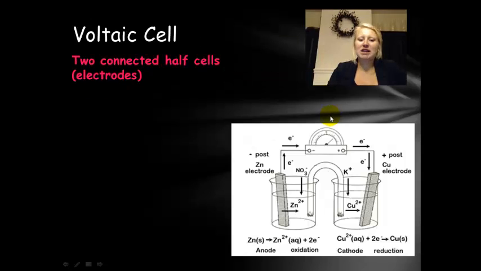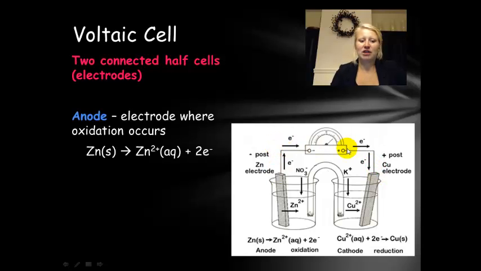A voltaic cell is when we connect the two half cells together. Here's a wire connecting them, and over this wire flows an electrode potential or a charge. The anode is the electrode where oxidation occurs. Because zinc is losing its electrons to become zinc plus 2, that's the anode because it's being oxidized.